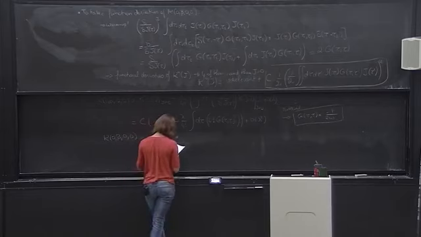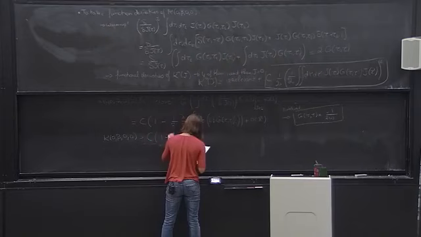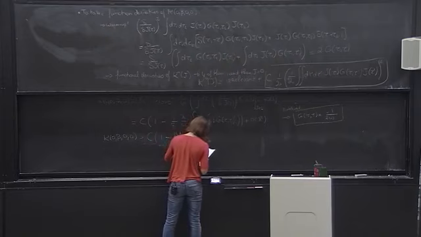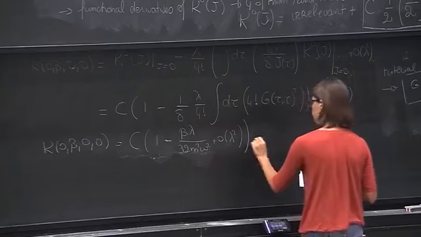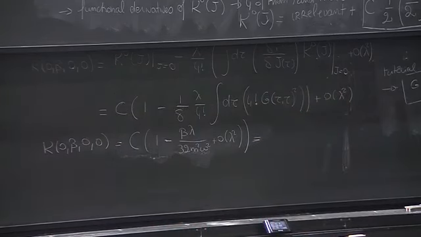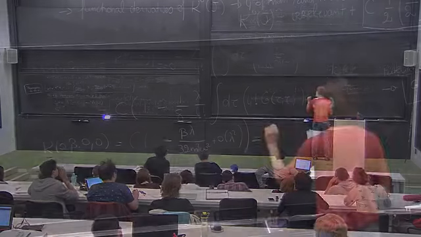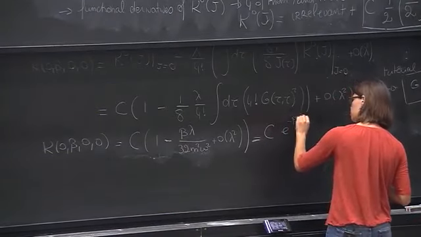We end up with something like C times... Now the next step, we want to compute this. So we want to take the log of k. So let's write this as an exponential. Since anyway it's at first order, still valid, we get that this is this exponential.